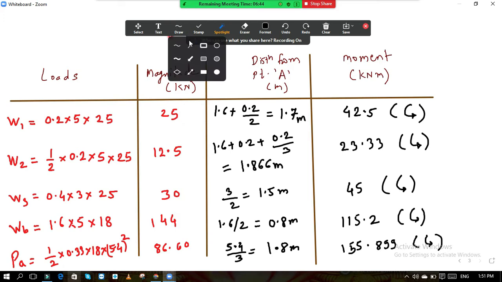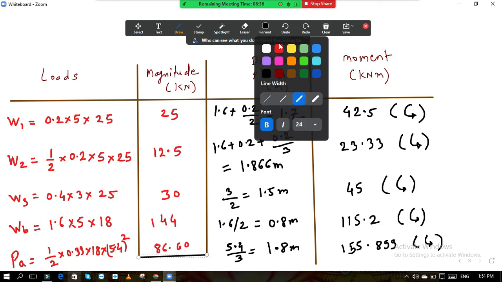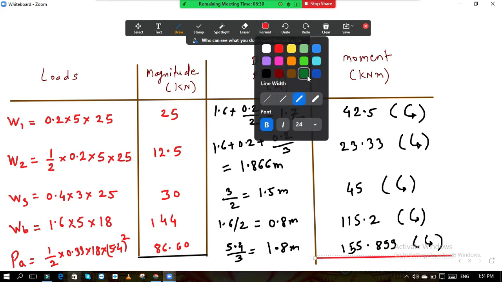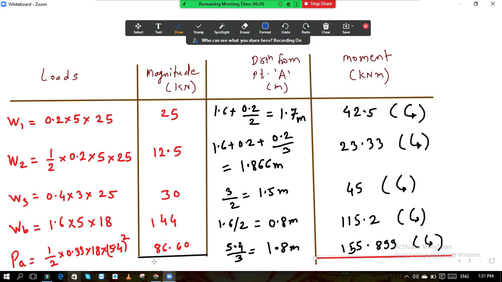So now calculate the total of this. How will you calculate the total? 25 plus 12.5 plus 30 plus 144. So summation F is equal to 211.5.